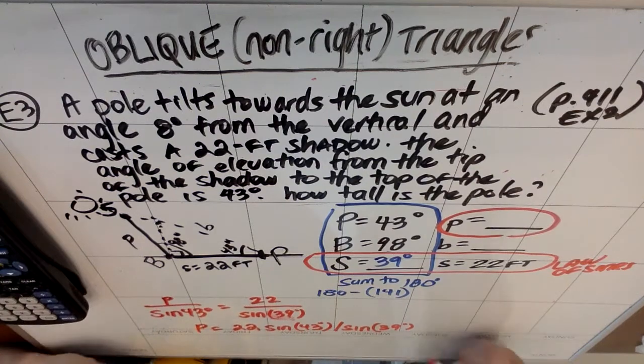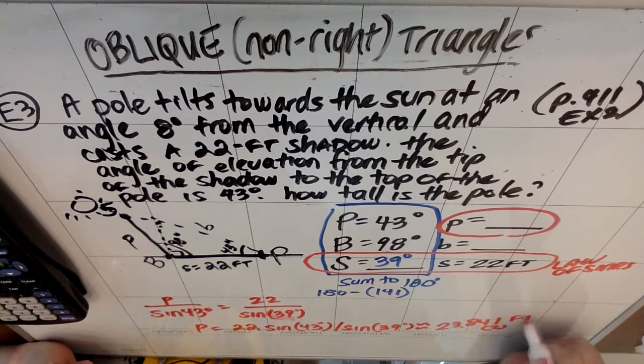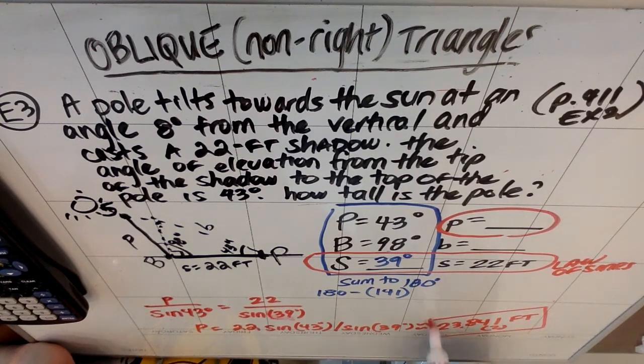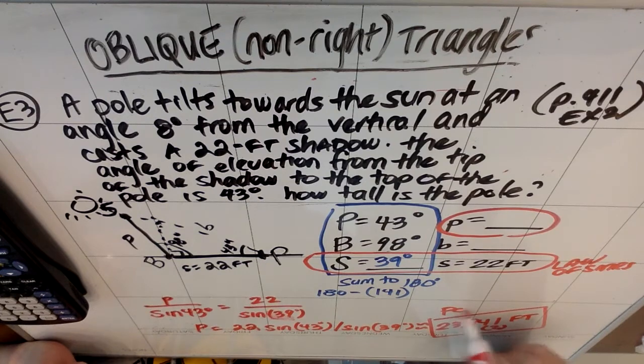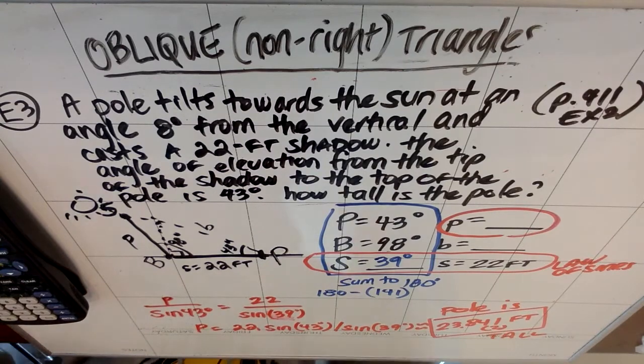So my p is 23.841 or 842. Because this is a word problem with units, I need to make sure that my answer has units. It's feet. So the pole is this many feet tall: 23.841 or 842, depending on how you round or truncate, feet.